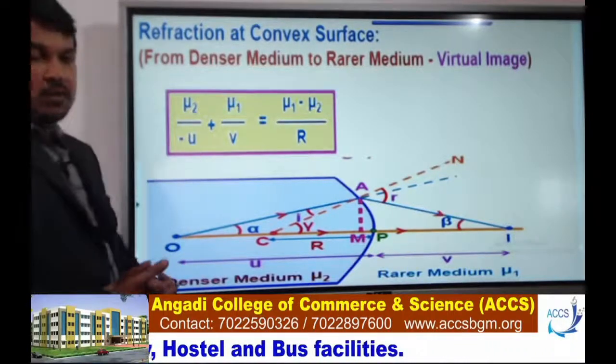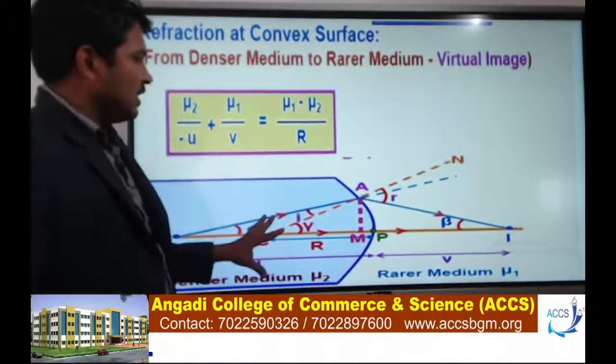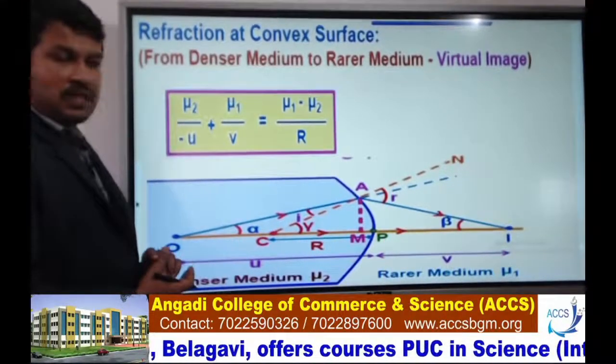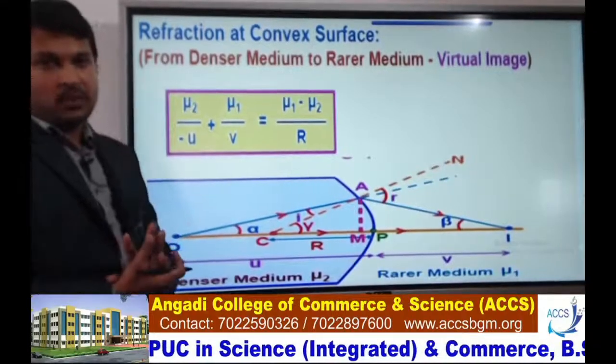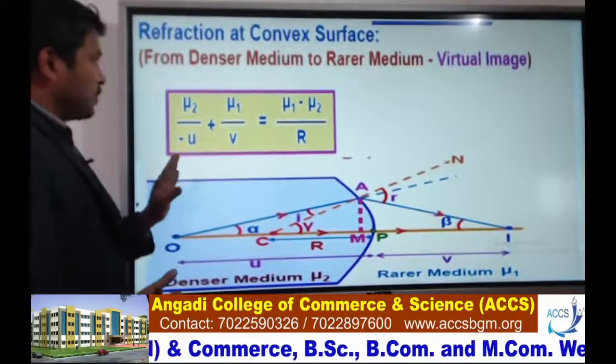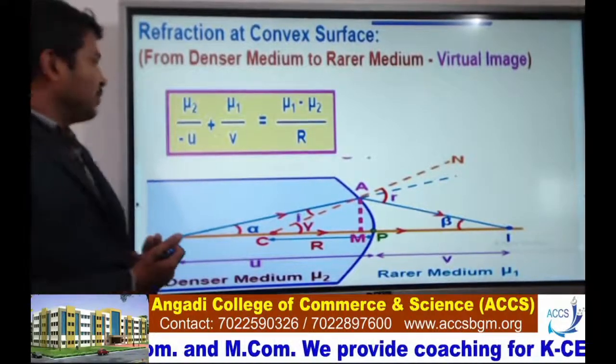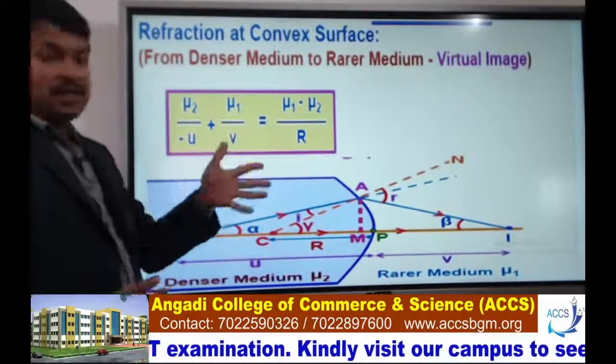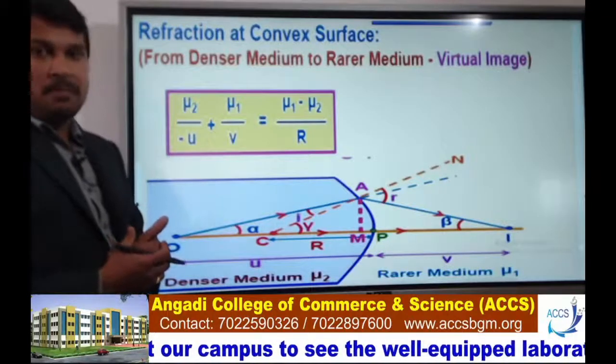This is the formula. Remember, students. Just observe this diagram, whatever we studied in our NCERT syllabus, right? But the formula is very important by solving the problems. What type of surface is given and what sign convention to use, that is what matters first.